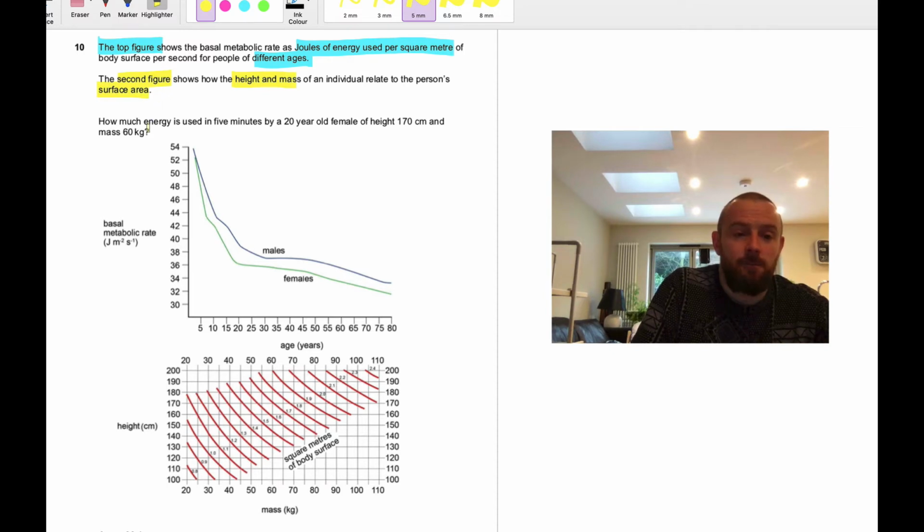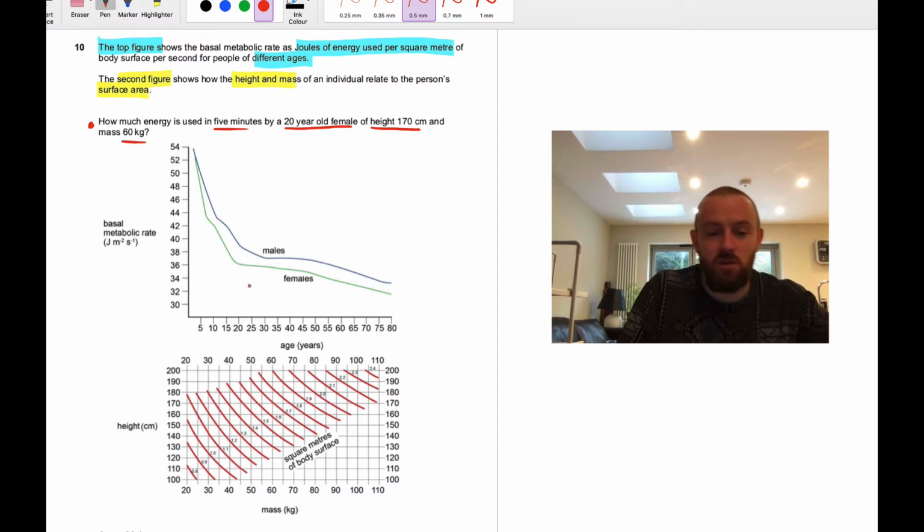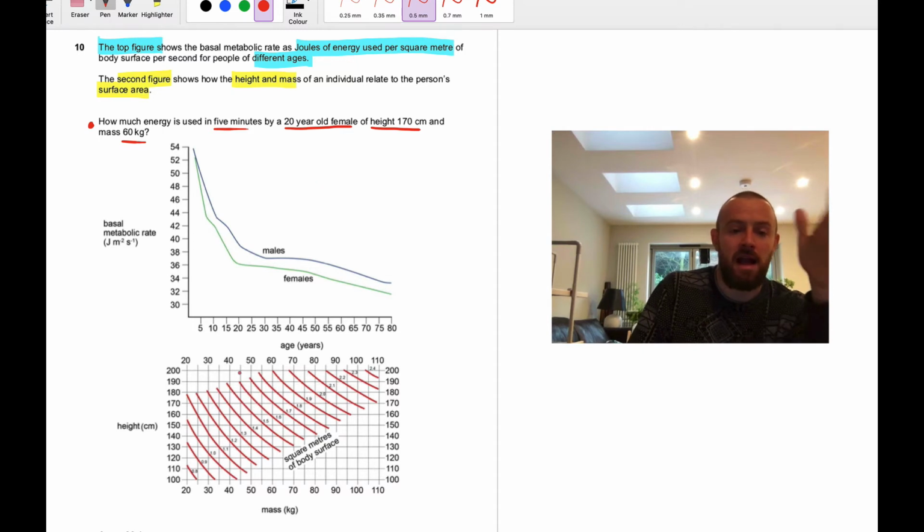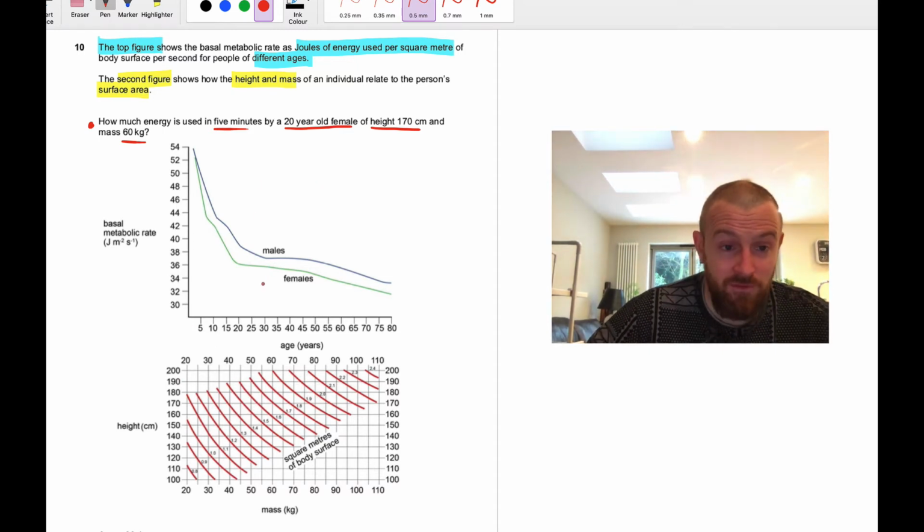The question now: how much energy is used in 5 minutes by a 20-year-old female of height 170 and mass 60 kg? Well, the first thing we need to do is look at the 2 graphs and think, what information do we have? Have we been given this?